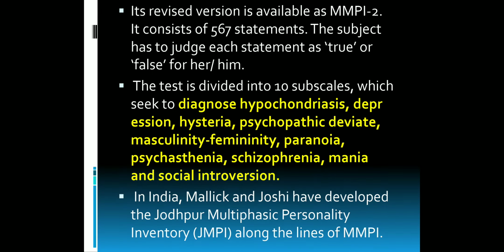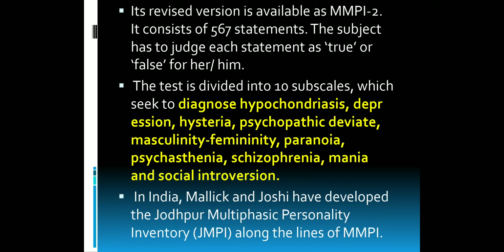Now, it has the revision available in MMPI 2, I have already told you. It has 567 statements in total. The subject has to only write true or false, yes or no, right. And there are 10 subtests which we have already talked about. Now, students, what you have to remember is that Hathaway and McKinley were the original developers of this test, but in India, Malik and Joshi developed the Jodhpur Multiphasic Personality Inventory along the lines of MMPI, right.